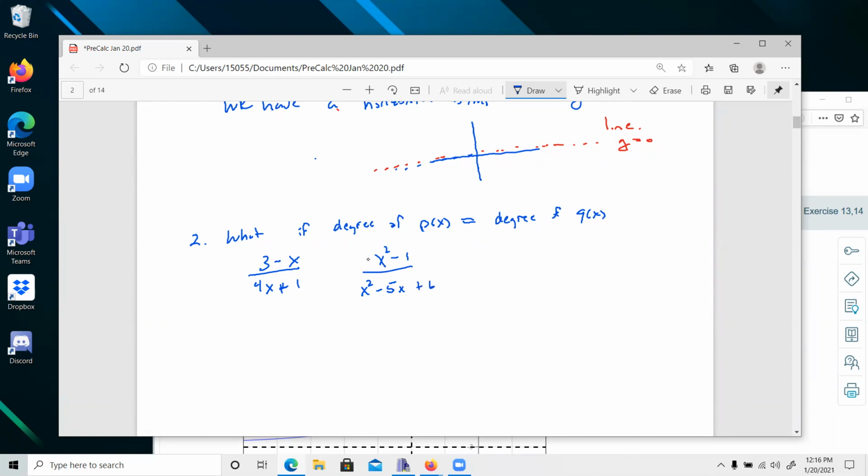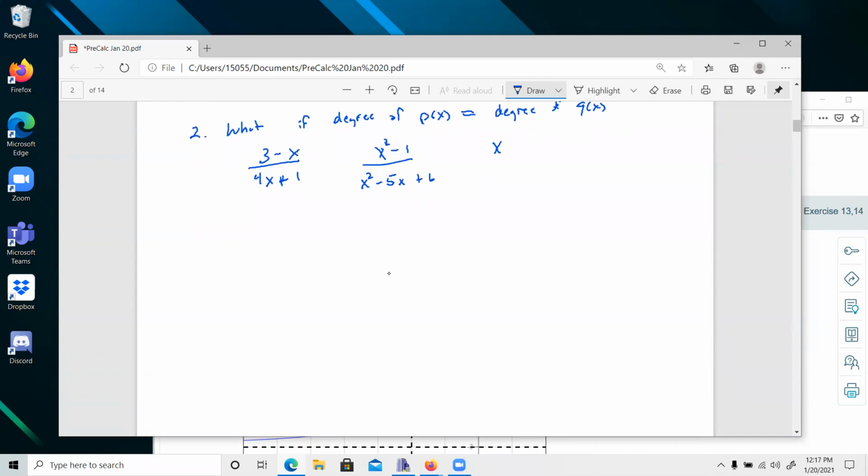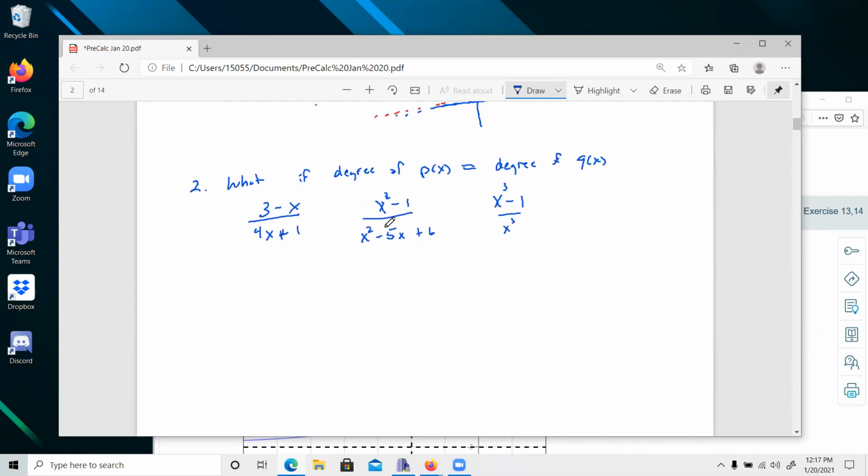Again, no common factors. We have to check in these cases, but the degree of the numerator and denominator are the same. We could do a cubic too, like x cubed minus 1 over x cubed. The degree is the same.